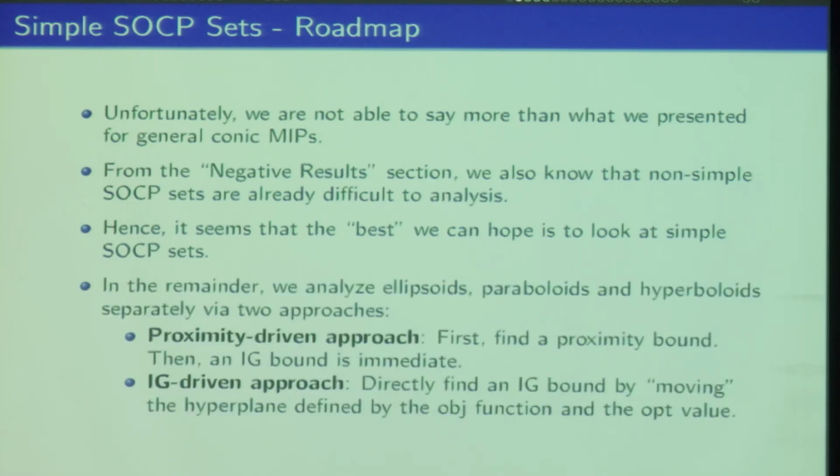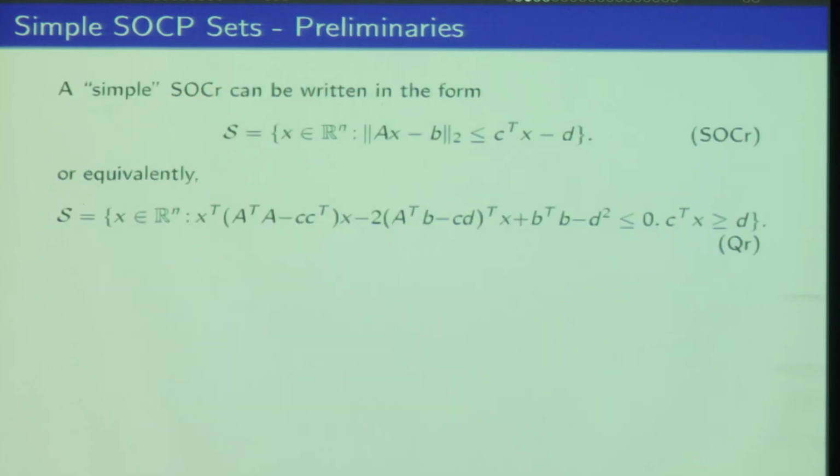So here we will specialize our analysis to ellipsoids, paraboloids, hyperboloids. These are the only possibilities, in addition to translated cones, I guess. And then I will talk about two approaches to get bounds. The first one is the proximity-driven approach, and then we have the integrality gap-driven approach. I will talk more about them later on.